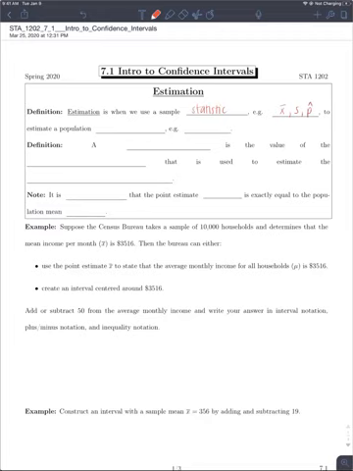Here, I'm actually going to switch the order of these. So we're going to use statistics to estimate parameters like mu and p, and here, not testing or estimating sigma.